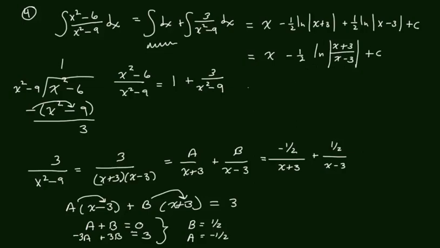But we could have also said, so here's an alternative, x plus the natural log of x minus 3 to the 1/2 over x plus 3 to the 1/2 plus c.